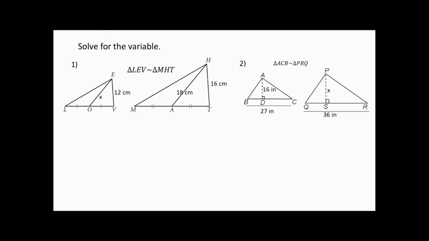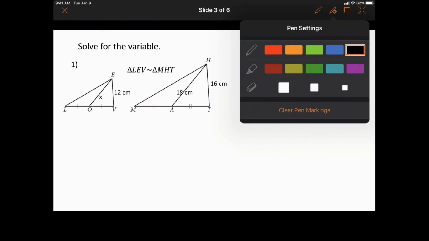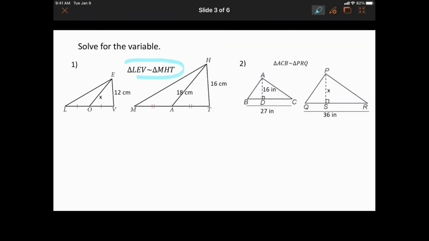So how do I apply that? Let's look at these two problems. Again, what do I see? What am I given? I see that the two triangles are similar. They give you the similarity statement here. And I can see that I'm also given a corresponding pair of sides.